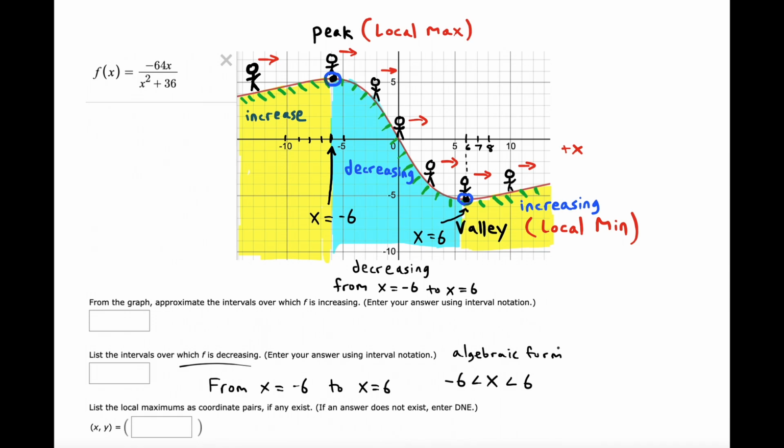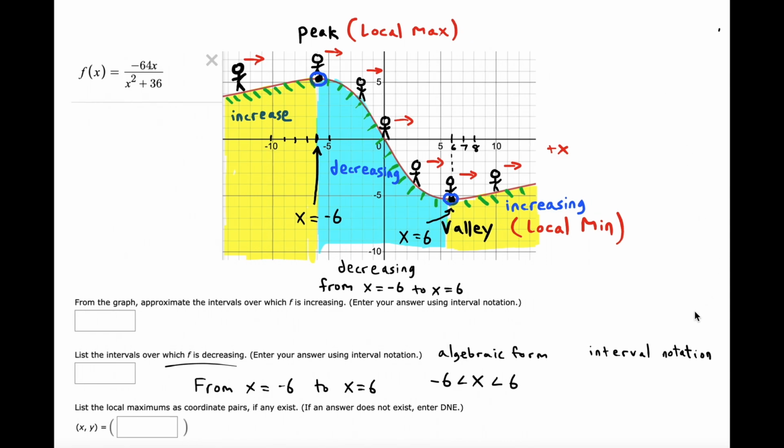But the problem asks for interval notation. So for interval notation, we want to use parentheses and a comma. And we have to put the starting x on the left and the ending x on the right. So the starting x for our interval will be -6, and the ending x will be +6.